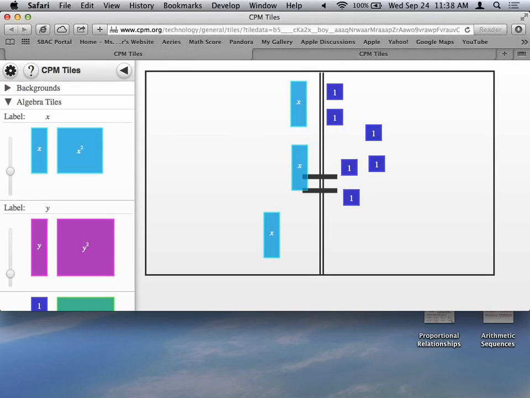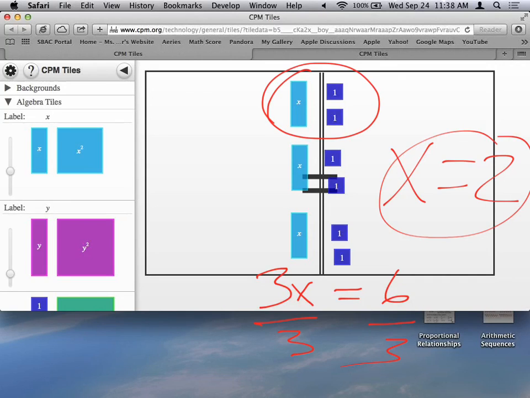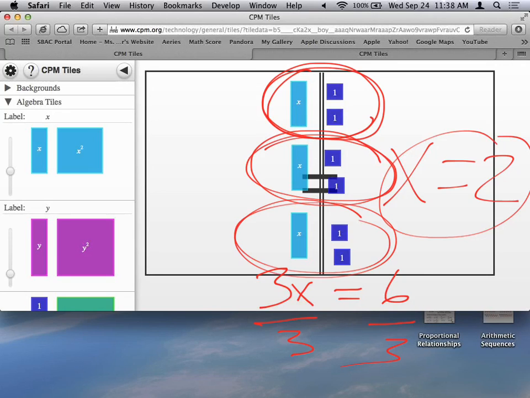With this x tile, we have 2 unit tiles. And with this one, we have 2. So what happened here is after we subtracted 1 or added 1 to both sides, we had 3x equal to 6. And then we can see that going in evenly 3 times, we have x equals 2. In other words, each of the x tiles represent 2 unit tiles.